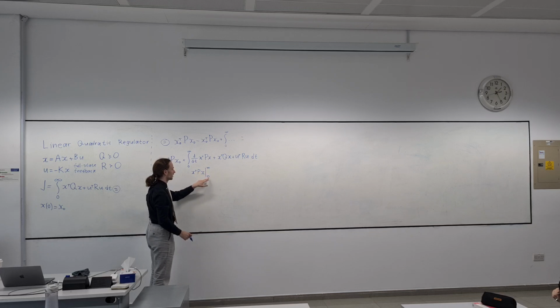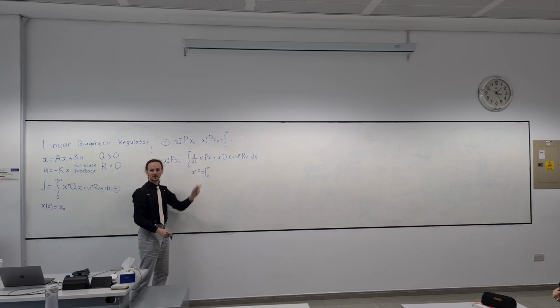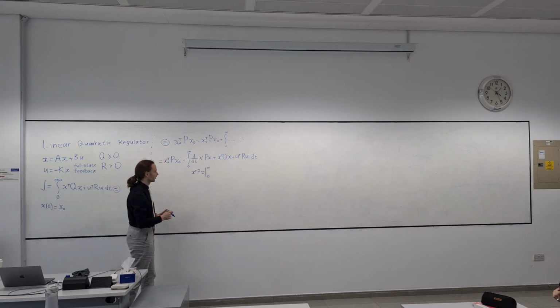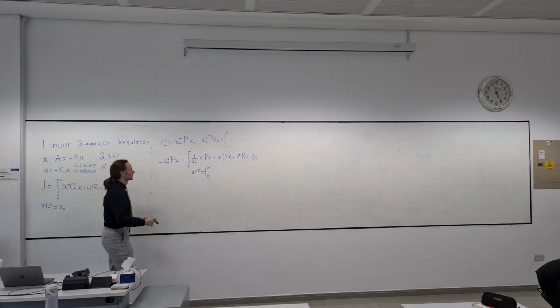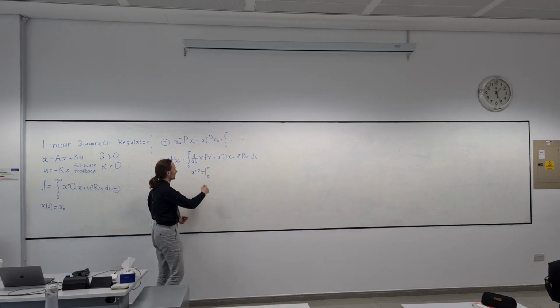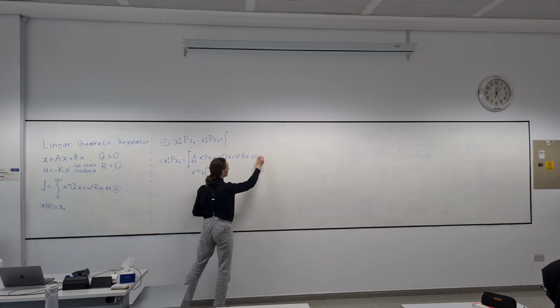And here at 0, it is x naught, exactly with the minus sign. So please keep asking me these questions if something is not clear. Okay, let's now use the product rule on the first term under the integral.